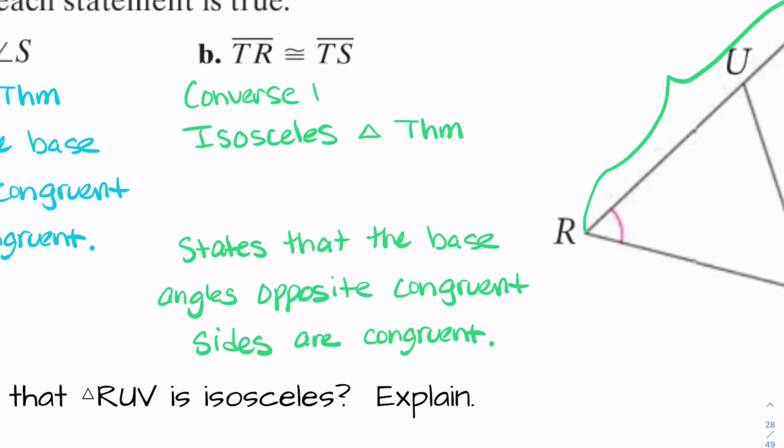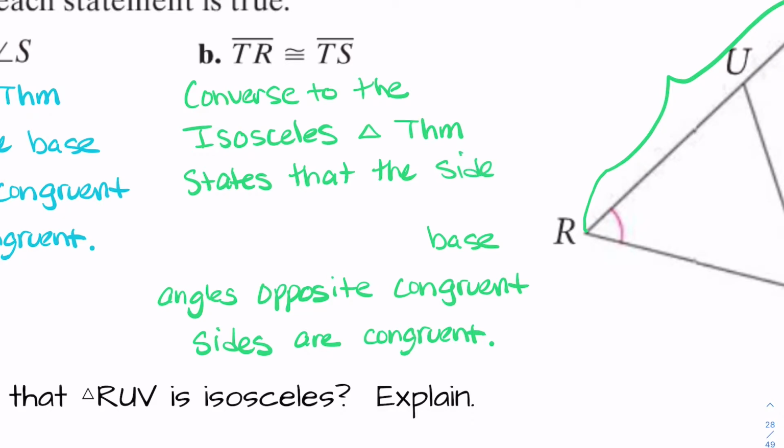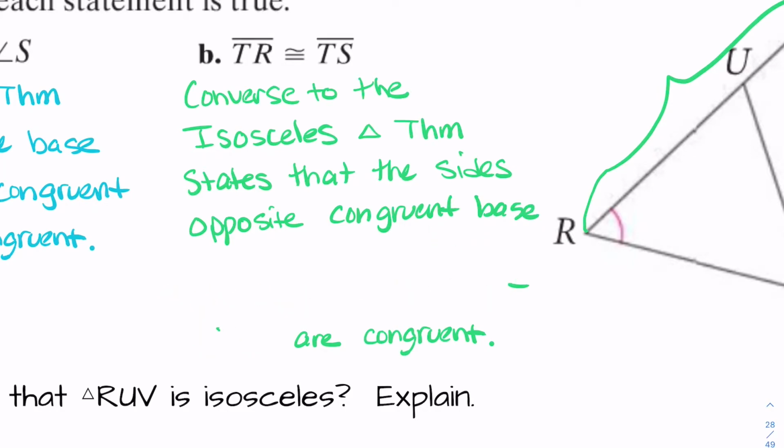The converse to the isosceles triangle theorem states that the sides opposite congruent base angles are congruent.